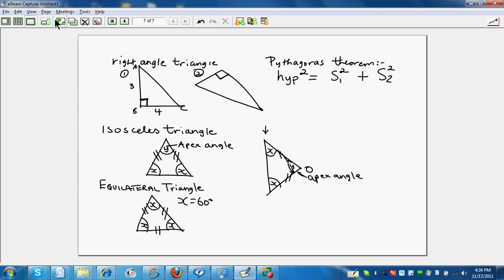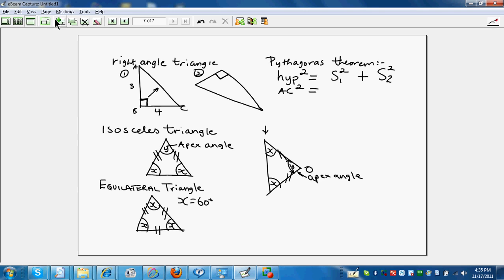and we were asked to find the length AC, then we could say that from Pythagoras' theorem, since AC is the hypotenuse, it's a hypotenuse because it's the length of the longest side on the triangle, and it's also opposite the right angle. The side that is opposite the right angle is called the hypotenuse. So if we apply Pythagoras' theorem, which says that the hypotenuse squared, which in this case is AC squared, will be equal to side 1 squared.